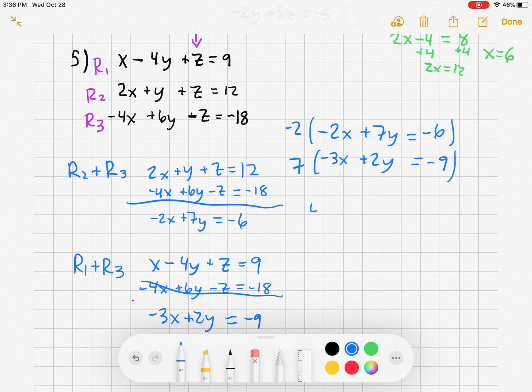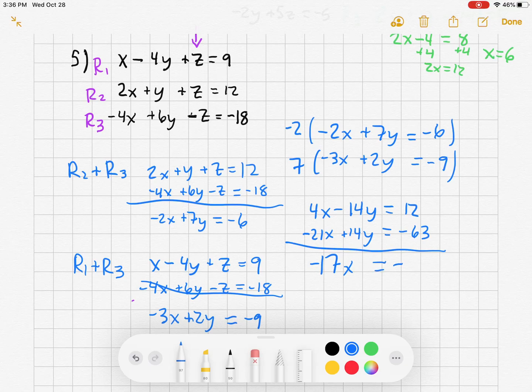So that gives us 4x minus 14y equals 12, and negative 21x plus 14y equals negative 63. So we add that together, we get negative 17x plus 0y equals negative 51, which gives us x equals 3.